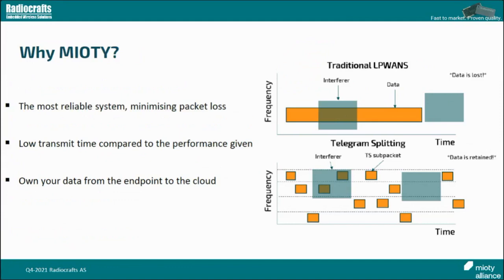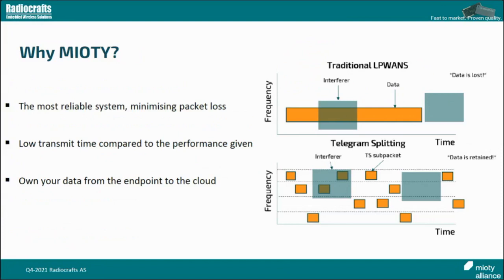So Mioty uses some very clever algorithms, and it splits the packets into sub-packets and spreads them out across time and the frequency channels, which means that you can get your data through even in very noisy environments, and you can actually lose up to 50% of the sub-packets and still get your data through, which is very impressive.